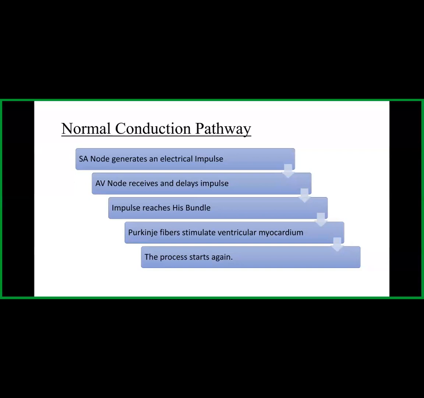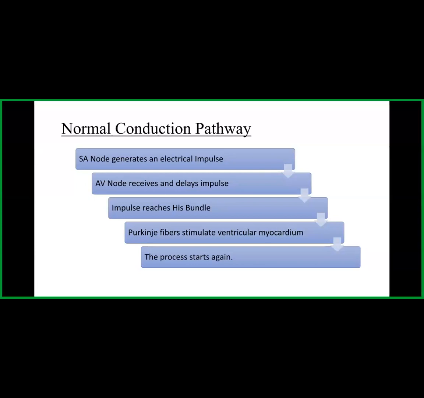After this, the impulse will move down from the atria until it reaches the AV node. So the AV node receives and delays the impulse, as I stated earlier. The electrical impulse reaches the AV node, whose main function is to delay it by about 10% before it relays this impulse to the bundle of His.